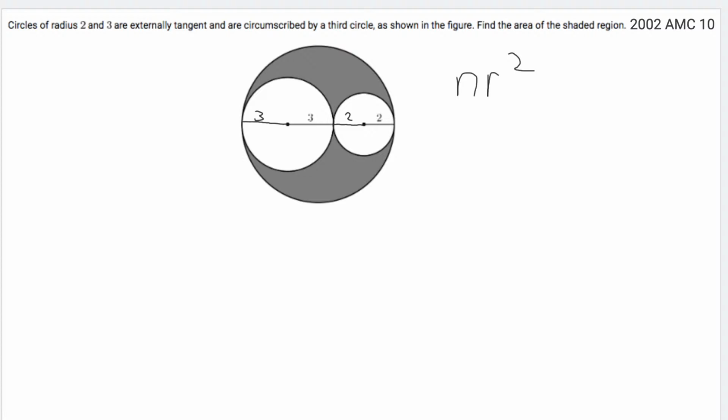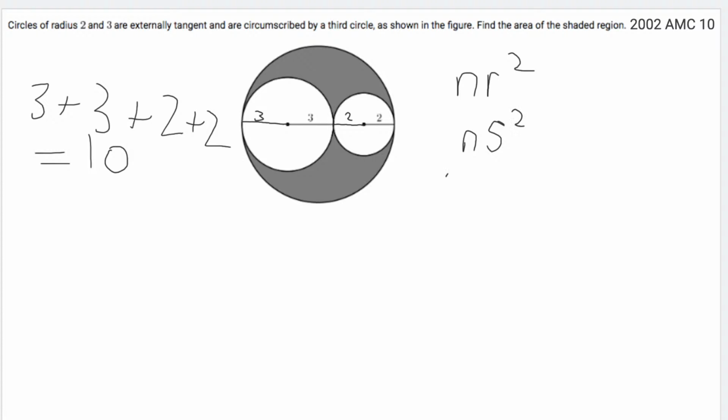Adding 3 plus 3 plus 2 plus 2, we get 10. That means the diameter of the bigger circle is 10, so the radius is 5. Substituting 5 into the formula, we get 5 squared, which is 25 pi. The area of the whole circle is 25 pi.